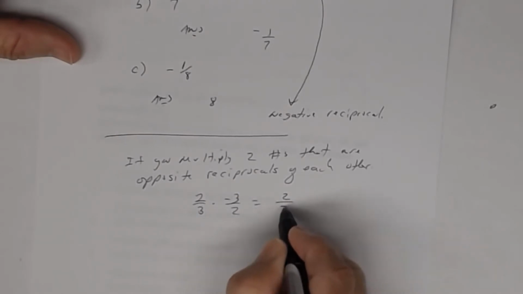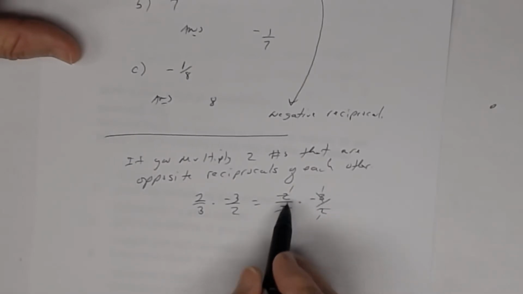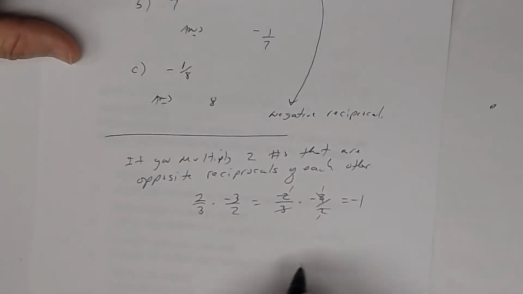Let me rewrite this over. The product, see those reduce out, right? The product, 1 times -1 is -1. The product is going to be -1.